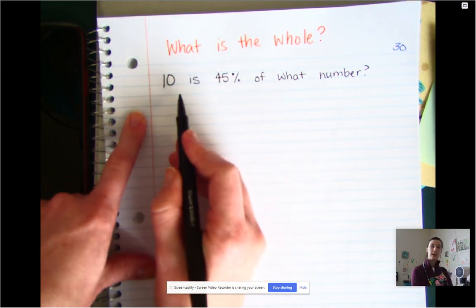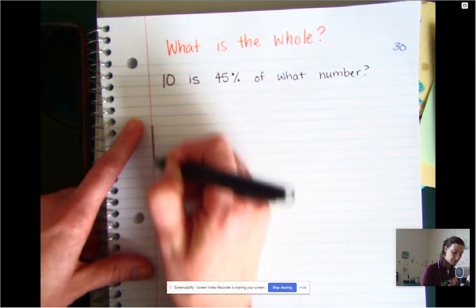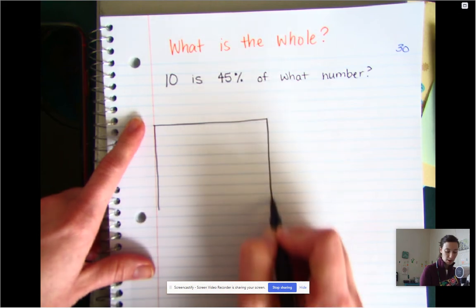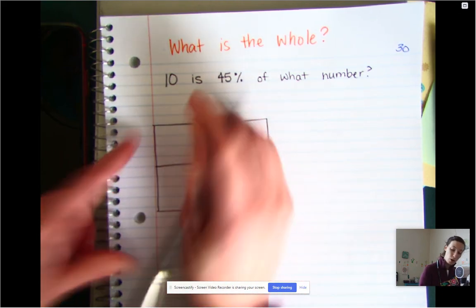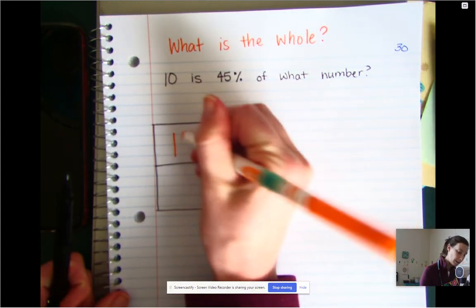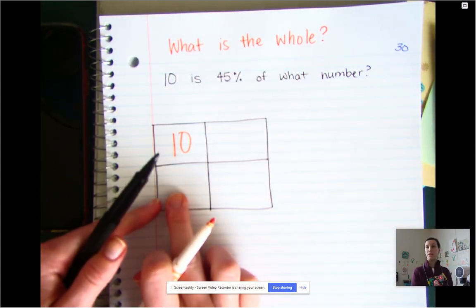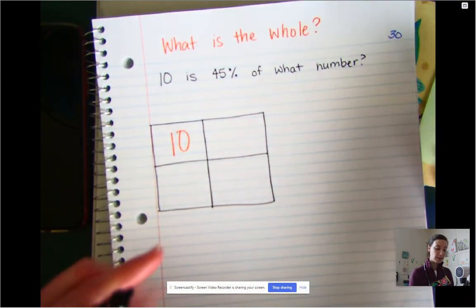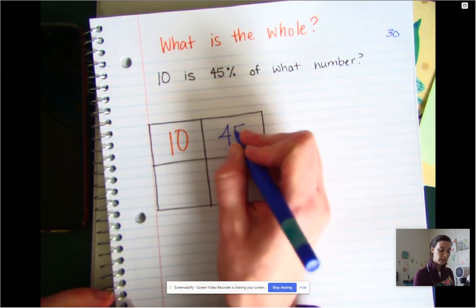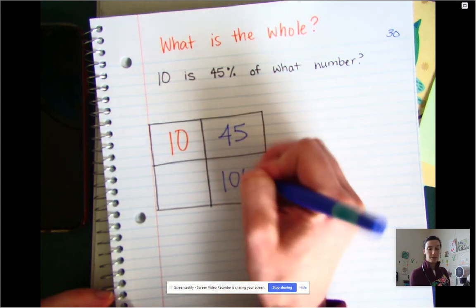So in this case, we're saying I have 10. That's the part I have. I don't know what the whole is. This is the window I don't know. But I do know 45%, which is the percent, is always going to go in the top right, and it's always going to be 100 right here.